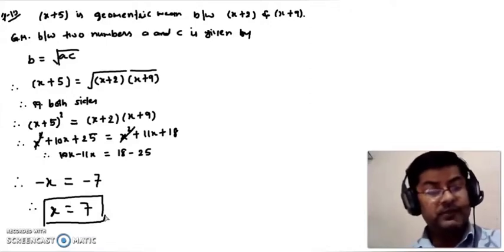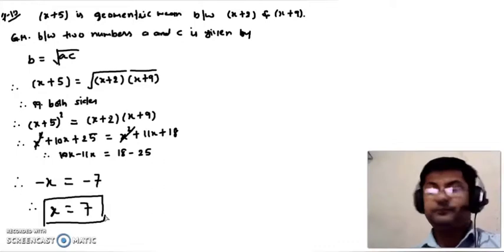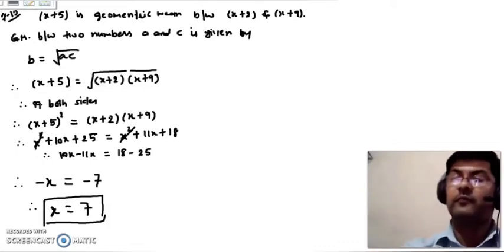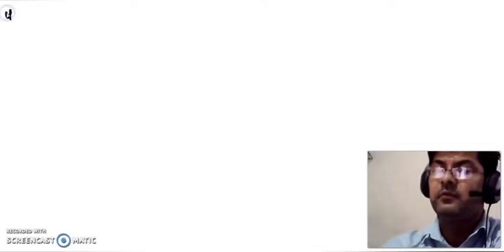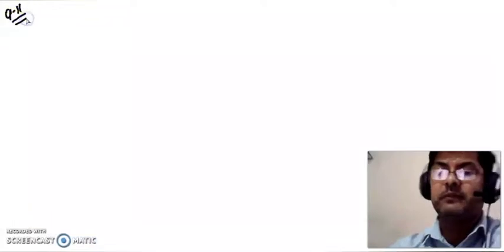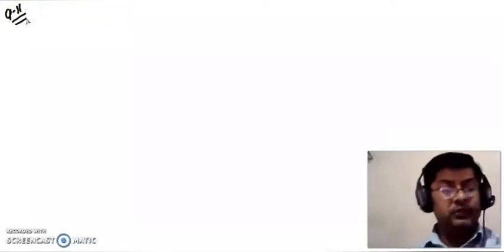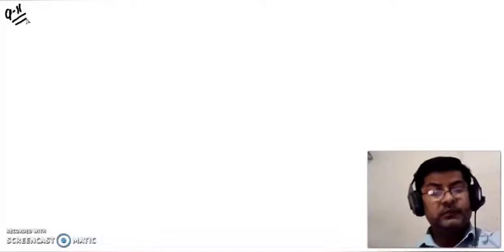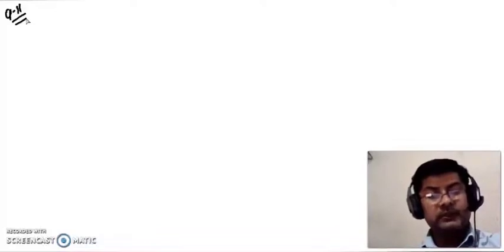Now question number 11. Let us read the question. Find two numbers whose mean proportion is 36 and the third proportional is 288.